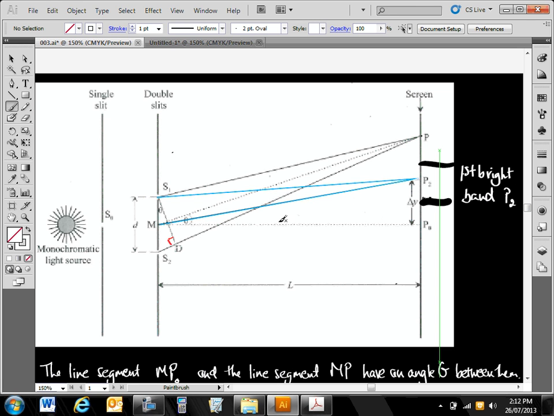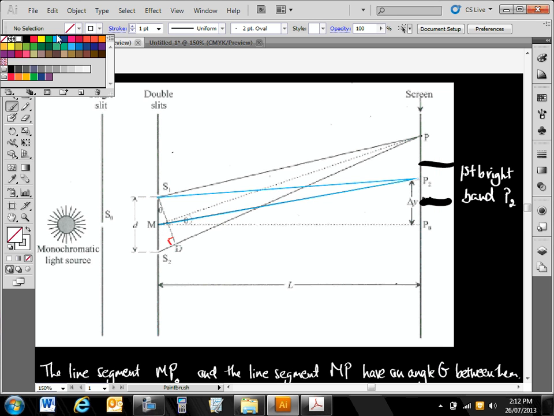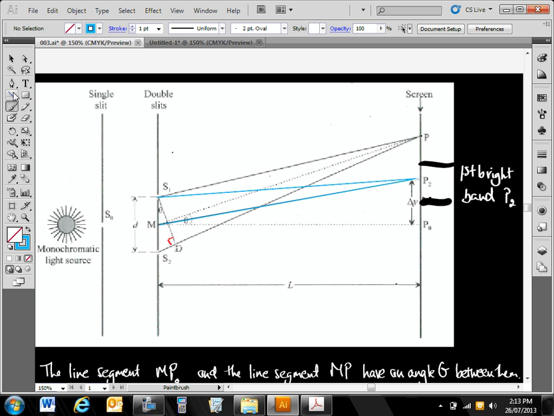And anybody tell me the path difference here between the distance from S1 to P2 and S2 to P2? So I've got to draw another line here. I've drawn from the center there.